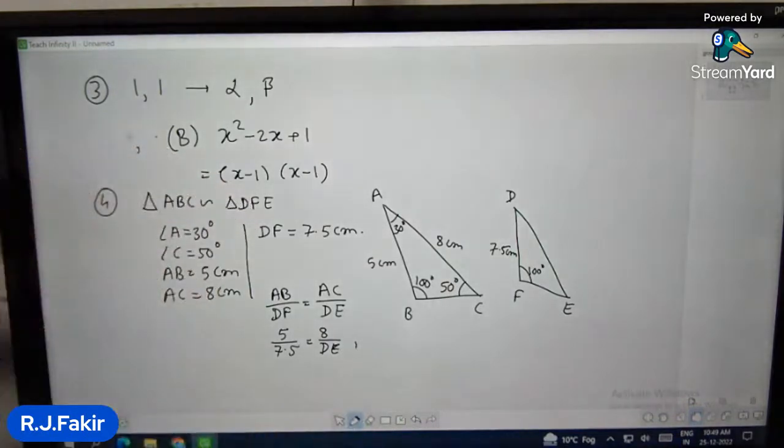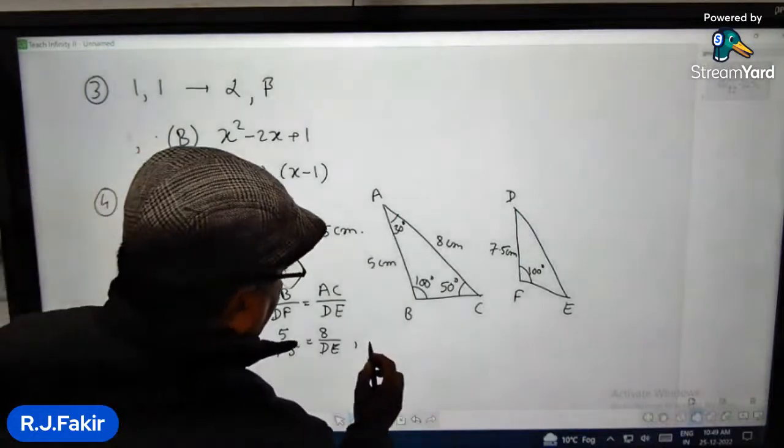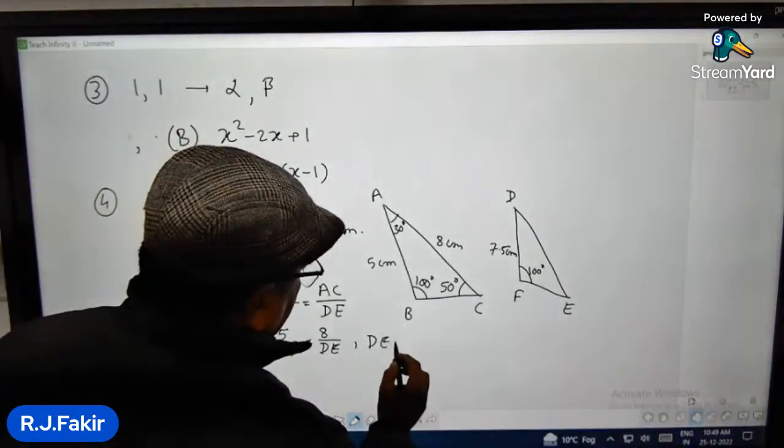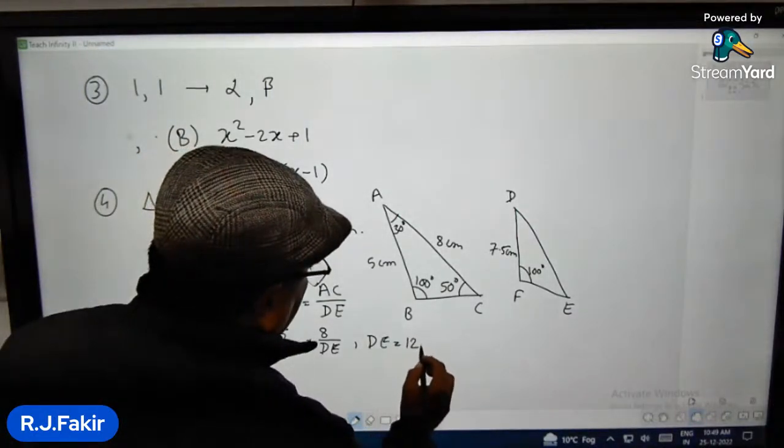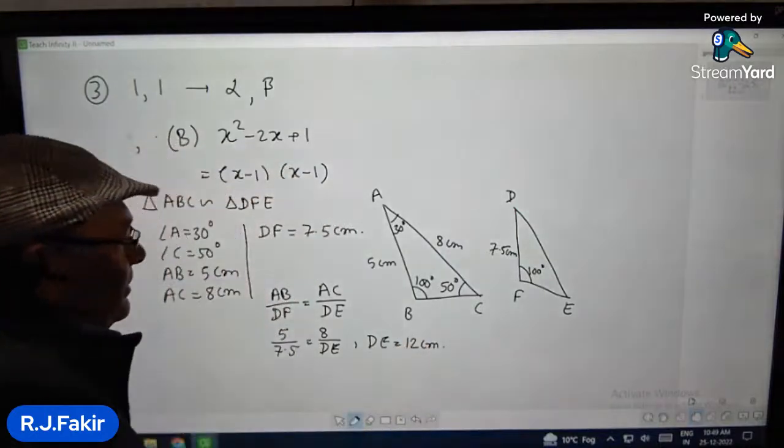So by using this relation, you can easily calculate DE, which comes to be 12 centimeter.